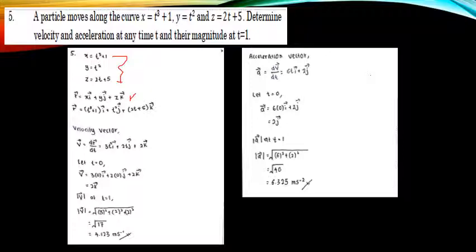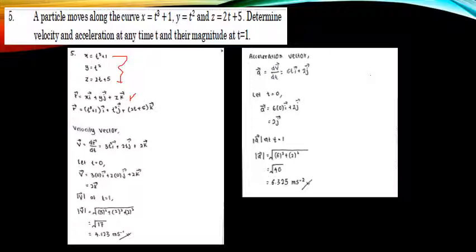So I use vector r equals t to the power of 3 plus 1 i plus t squared j plus 2t plus 5 k.